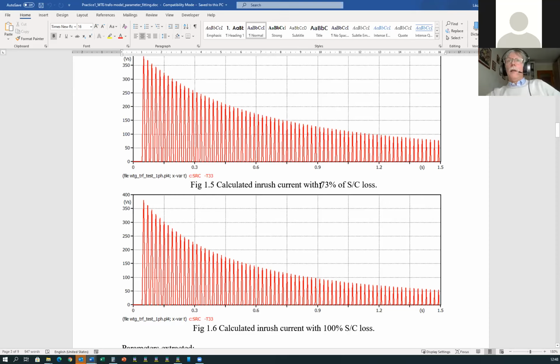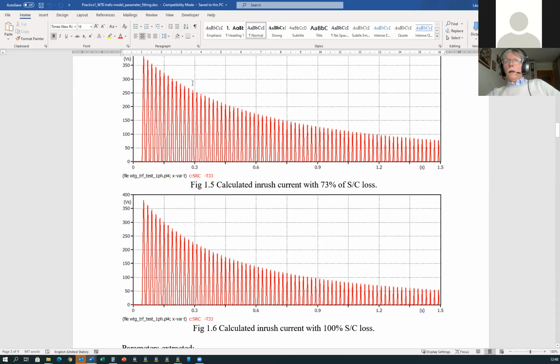Why? Because transformer manufacturers always consider that the temperature of the winding is at the nominal 65 degrees Celsius or 90 Celsius, depending on whether you have an oil-filled or a dry type transformer. So at the design stage, or if you take this measurement on a cold transformer, the losses are significantly less than the nominal losses.